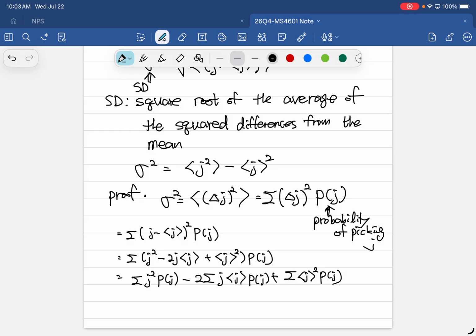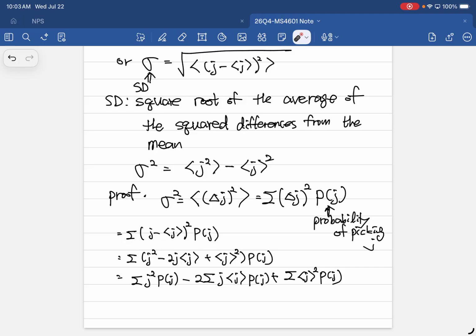So now let's look at this expression. We have to identify which one is constant. Look at this one. What is constant? This j bracket. What is this one? This is the average, the expectation value. So this one is a fixed value, a constant. If we are given a set of data, the average value is known, and that is going to be constant.